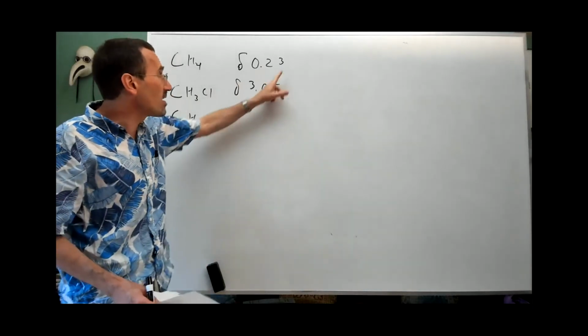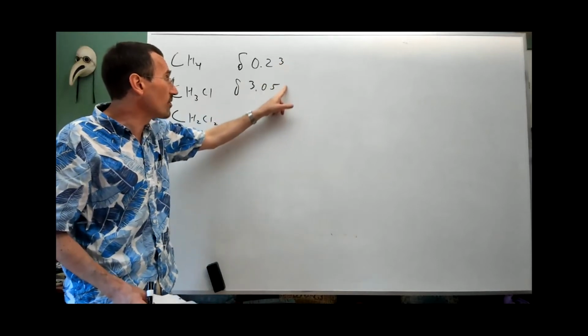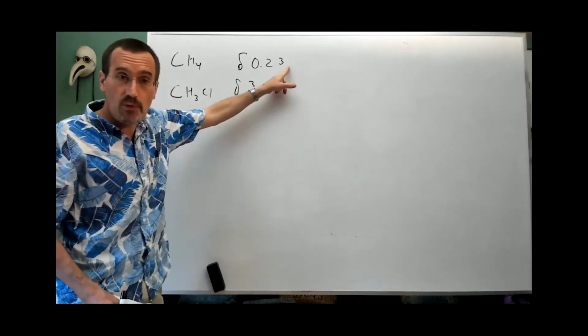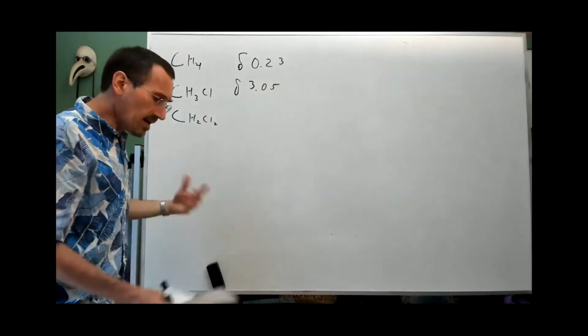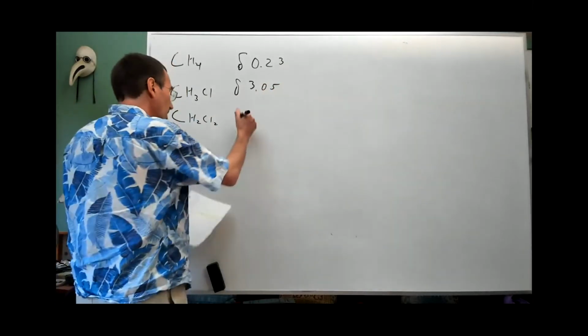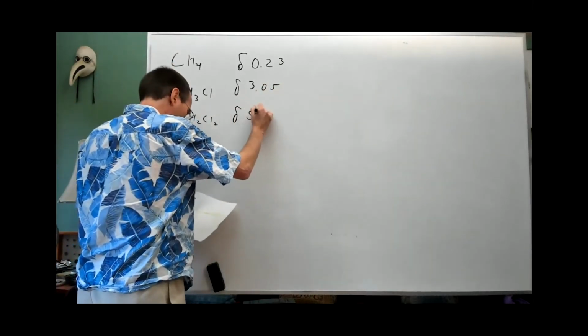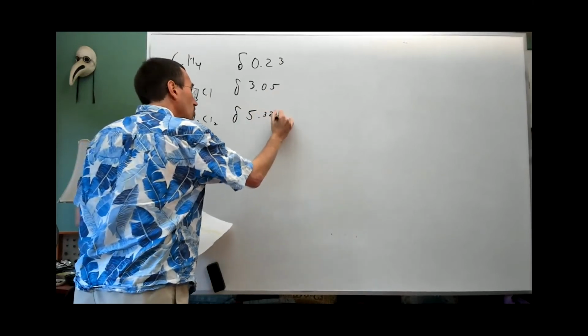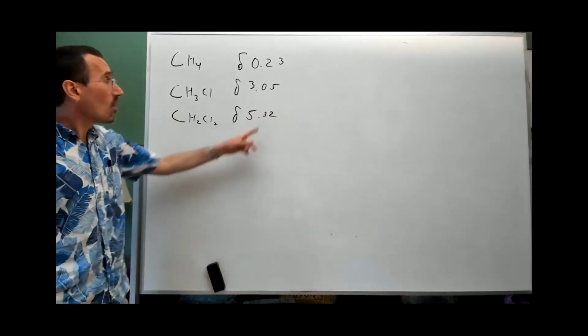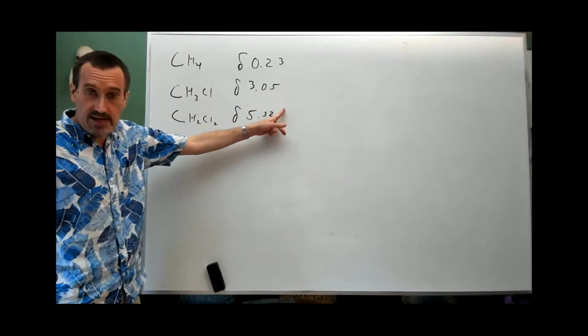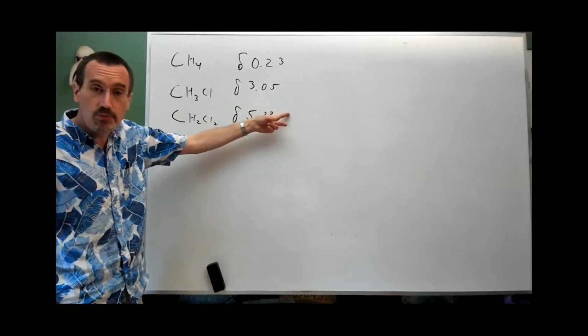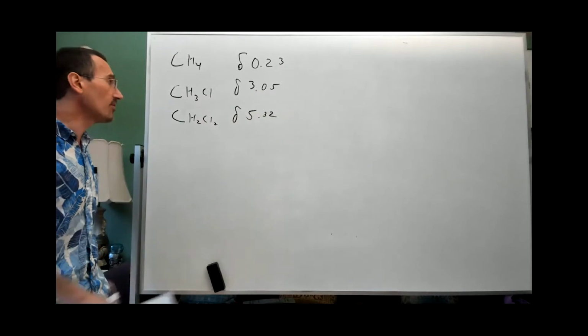So you're going to move downfield, but here we move downfield by about 2.8 ppm. We're going to move downfield still a good bit more. Now we're going to be at 5.32 ppm. So another 2.2 ppm downfield.